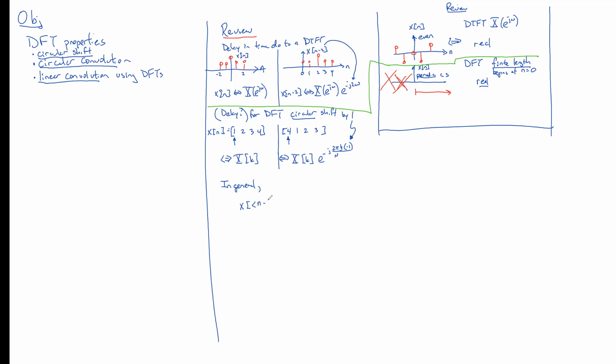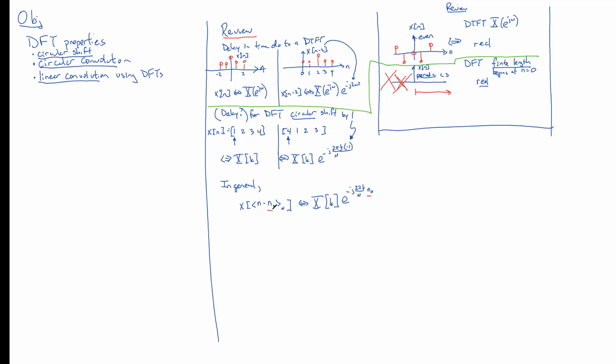So in general, a circular shift, and this is how we'd write what our circular shift is. Remember our modulo notation, where the angled brackets means we're going to add or subtract multiples of n to whatever is in the angle brackets, so that a resulting index will vary somewhere between 0 and 1 less than capital N. And this will have a DFT equal to our original DFT times e to the minus j 2 pi k over n times n naught, where that n naught is the same as that n naught.